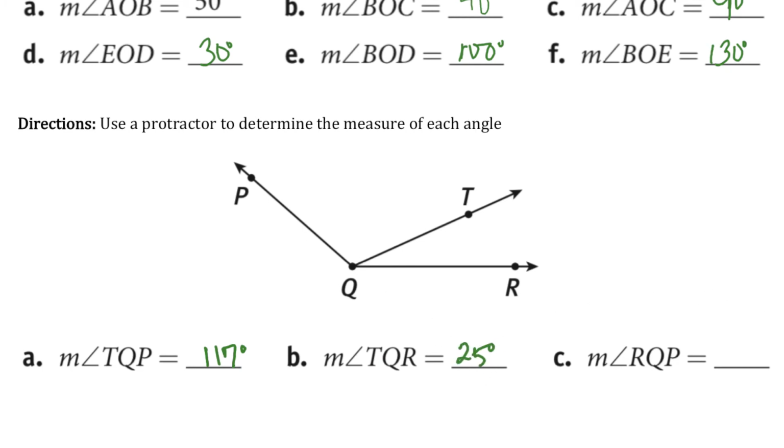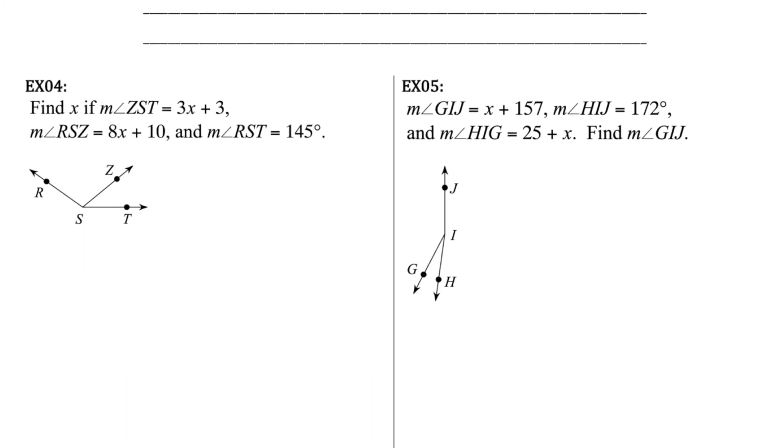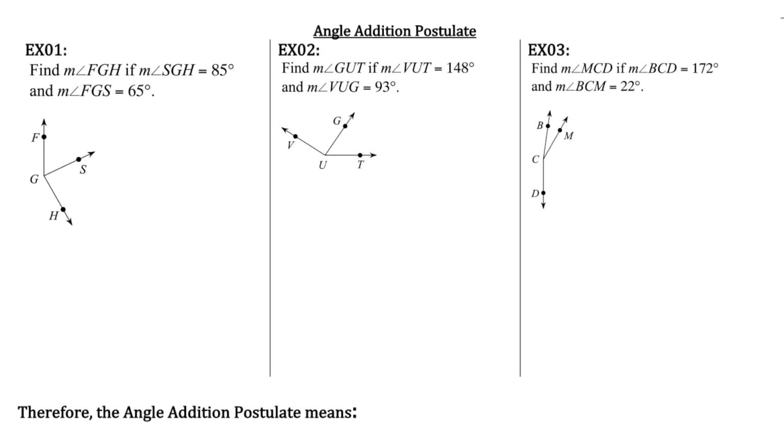Okay, so let's go to the next section of notes. We want to find the measure of angle FGH if the measure of SGH is 85 degrees, and the measure of FGS is 65 degrees.